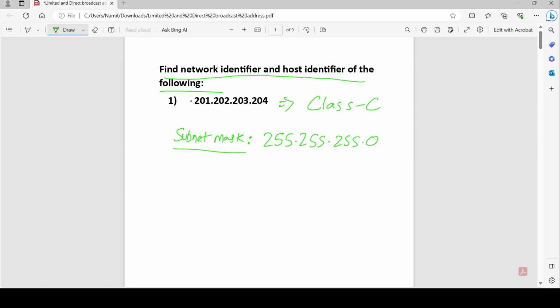Since this is class C, this part is my network bits and this part is my host bits. So the network identifier is 201.202.203.0, and the host identifier is 204.